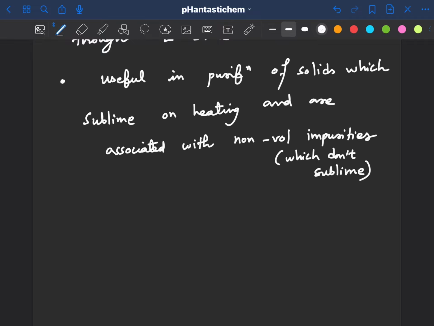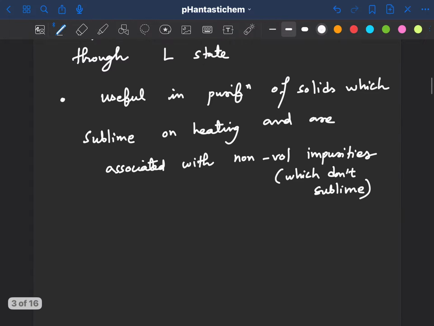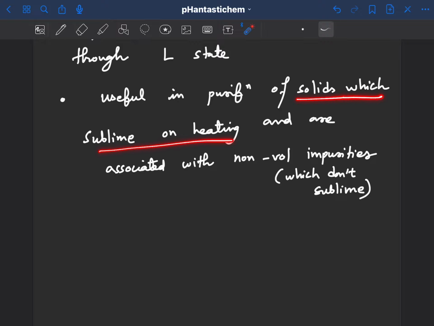Let's first understand some examples of solids which sublime on heating. Those are camphor, naphthalene, anthracene, benzoic acid, and ammonium chloride.